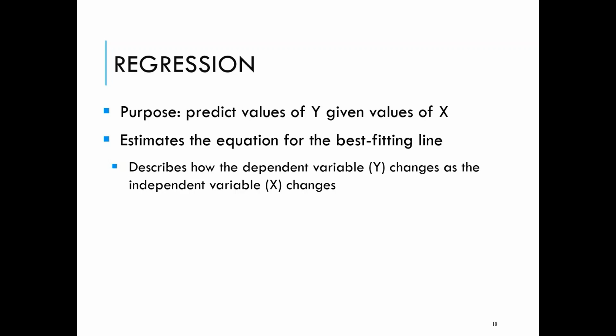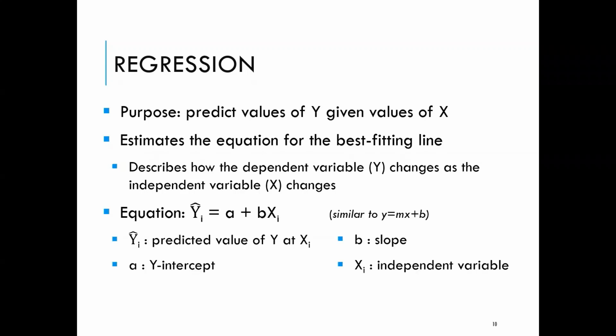This line describes how the dependent variable, or that observed variable y, changes as the independent or manipulated variable x changes. The resulting equation from this analysis is y equals a plus bx, and hopefully this looks similar to the equation for a line, which you've seen before, y equals mx plus b.